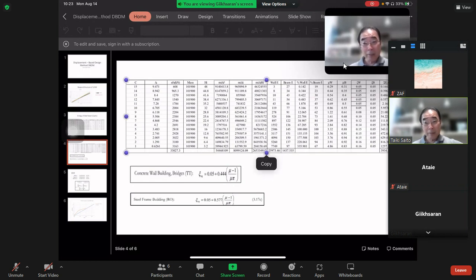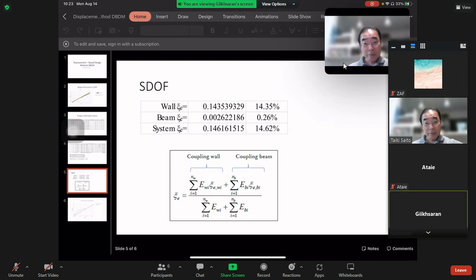So use this formula, and from this, we find the CDOF.